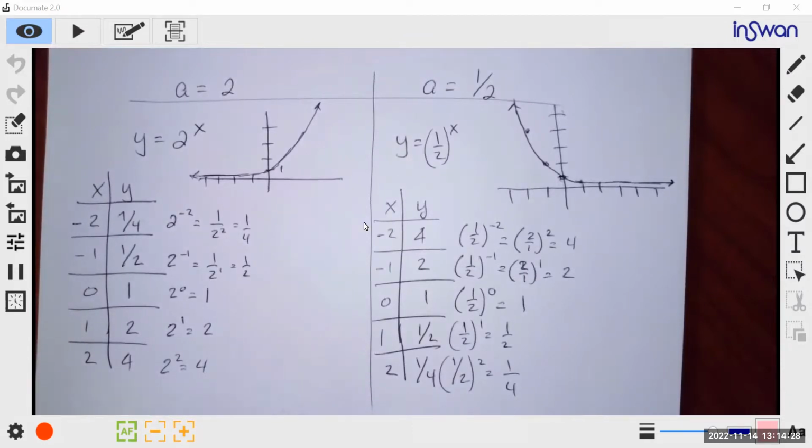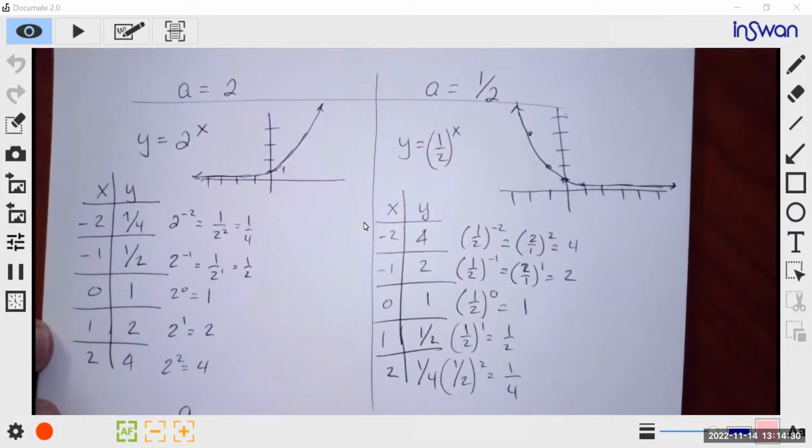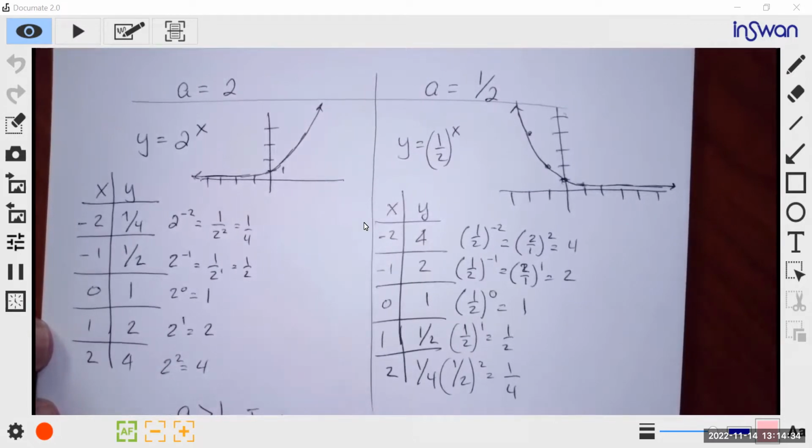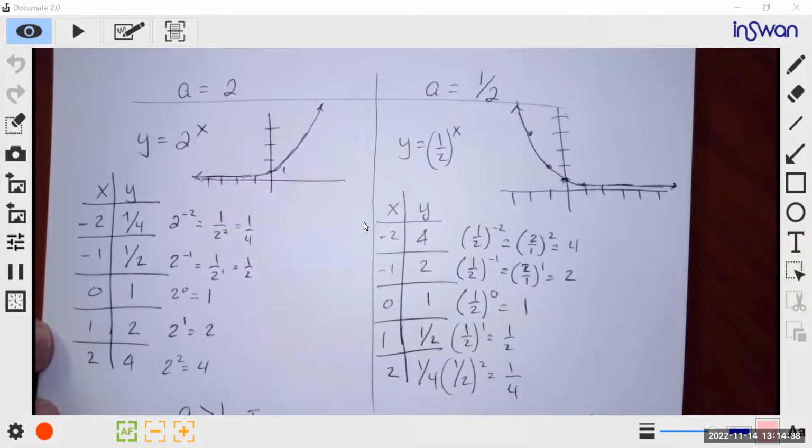Like the property said, if a is greater than 1, it's an increasing function. If a is between 0 and 1, it's decreasing.